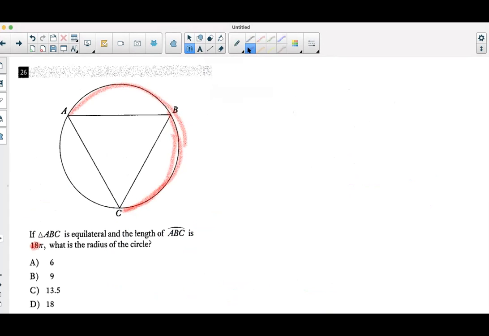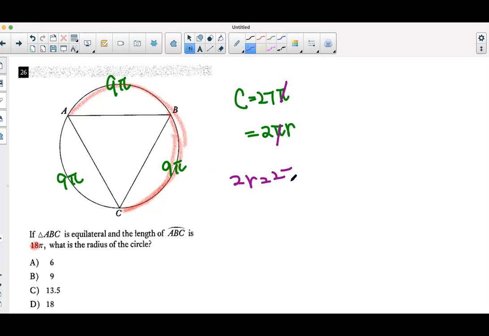And in that case, did you realize that in order for arc ABC to be 18 pi, then each one has to be 9 pi? 9 pi. Then the third one is 9 pi. So what do you guys realize? Circumference is equal to 27 pi. But how do you calculate the circumference? That's 2 pi r. So you get to realize, oh, pi cancels away. So you get 2r is equal to 27. So r equals what? 13.5, which is choice C.